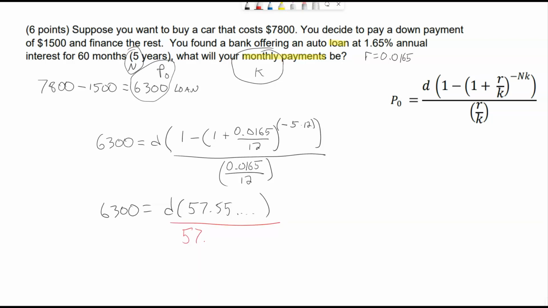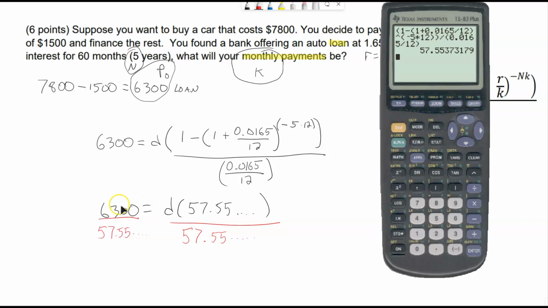But I can't divide by 57.55 because then that wouldn't exactly reduce to 1 and I wouldn't have 1D. I need to divide by all of this number. That's why it's so important for you not to round right there. Got to divide by all of that number. And if you do, then it'll reduce and you'll have D equals.